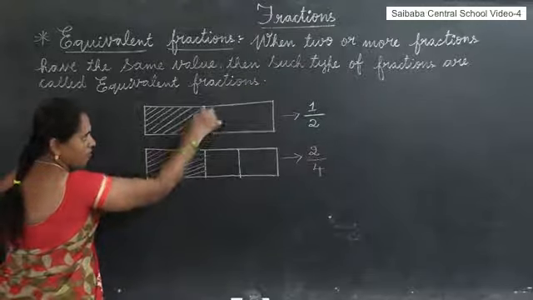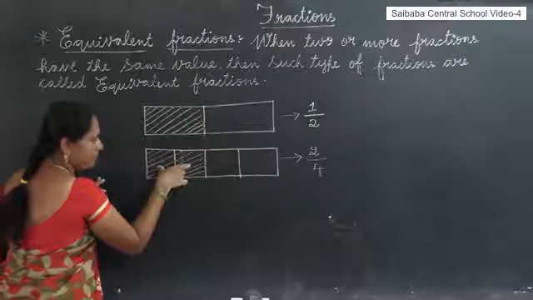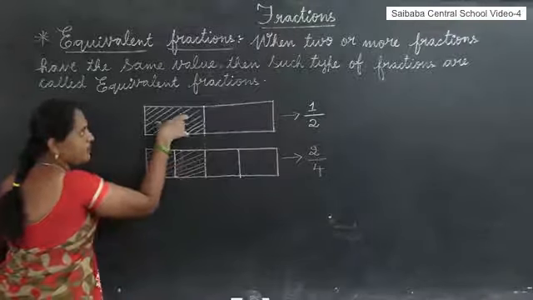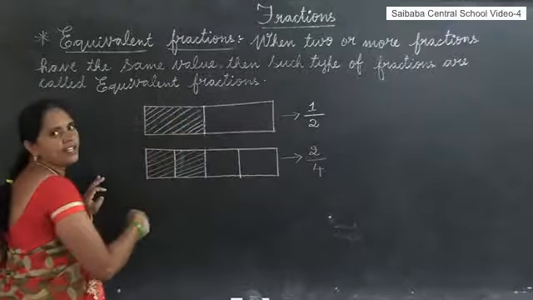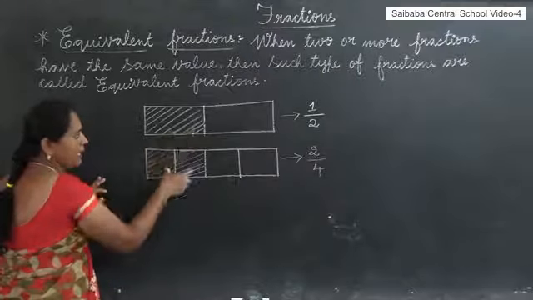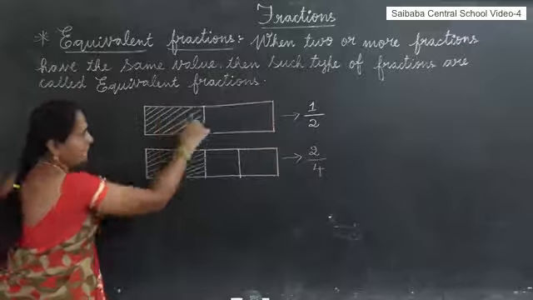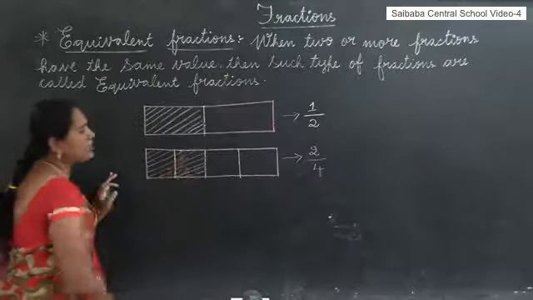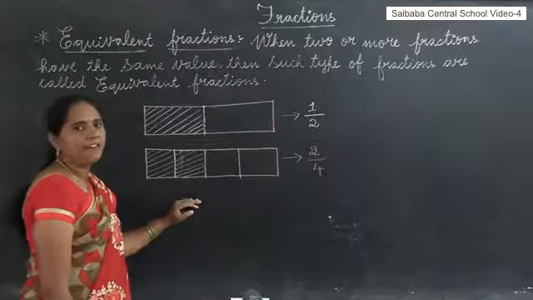1 by 2, see, the same area. Here how much space is shaded? That much space only is shaded here also, but only the parts are different. The shaded area is the same. So, such types of fractions are called equivalent fractions.